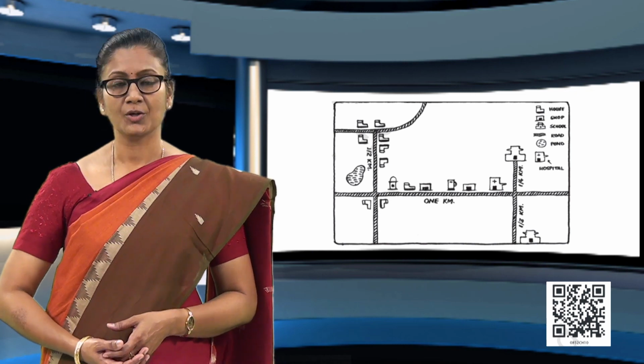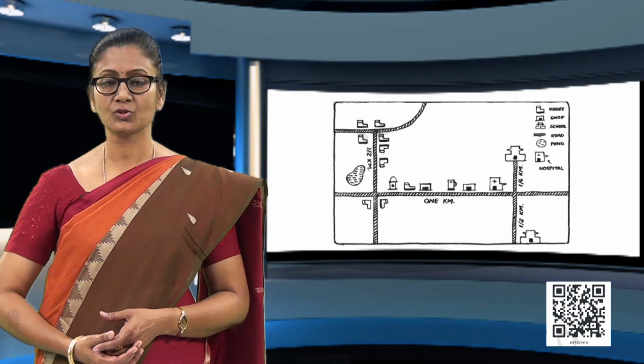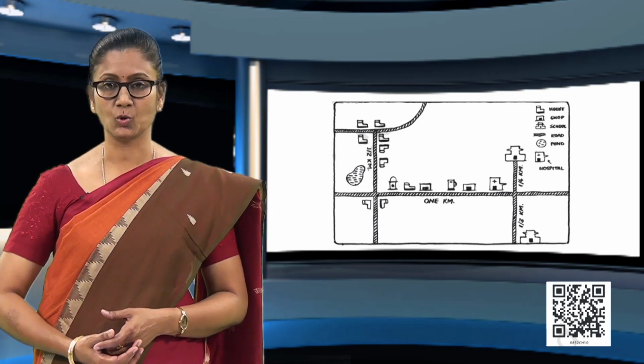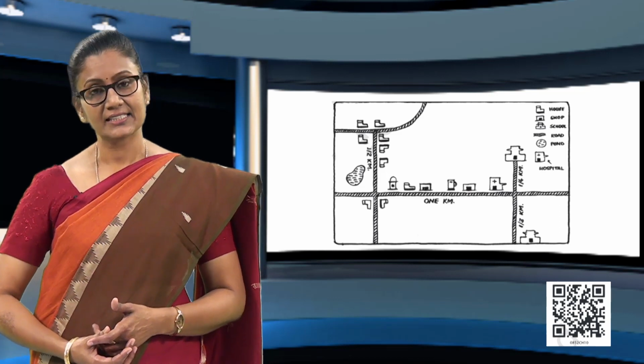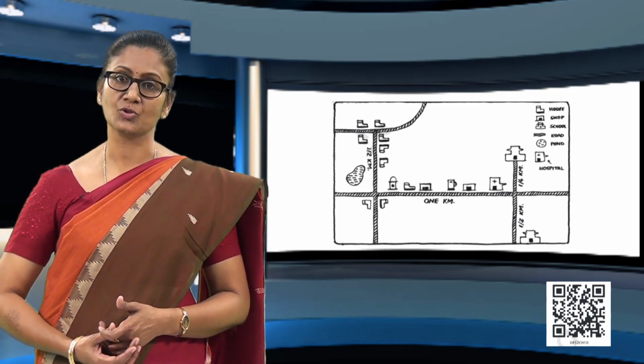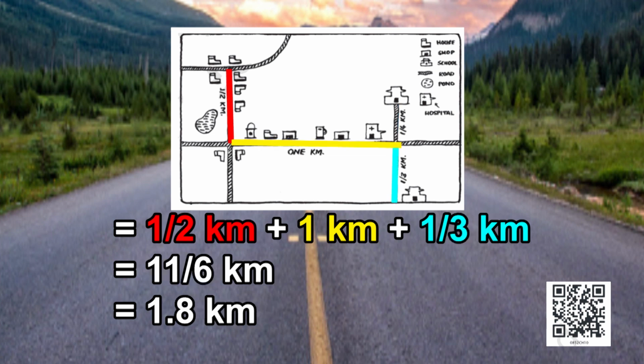Whose school do you think is nearer to the house? Is it Raghav's school or his sister's school? Yes, you are right. Sister's school is nearer to the house because the distance between the sister's school and the house is 1.75 kilometers, whereas the distance between Raghav's school and the house is 1.8 kilometers.